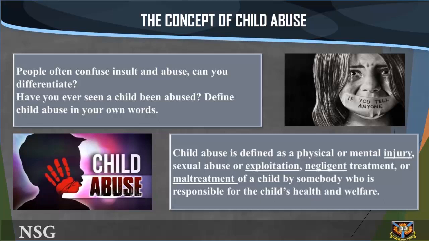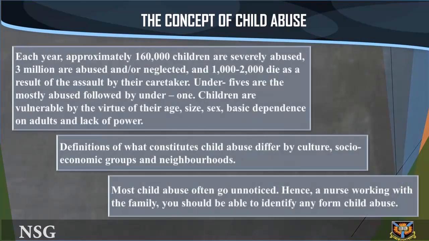There are basically 4 types: physical abuse, emotional abuse, sexual abuse, and neglect. Each year, approximately 160,000 children are severely abused, 3 million are abused and or neglected, and 1,002,000 die as a result of the assault by the caretaker.